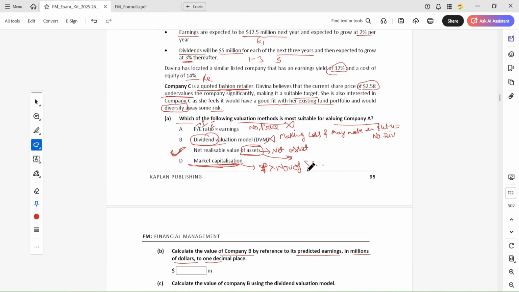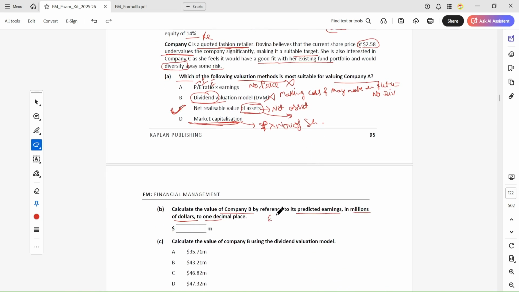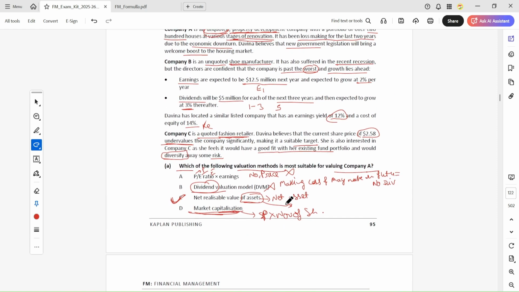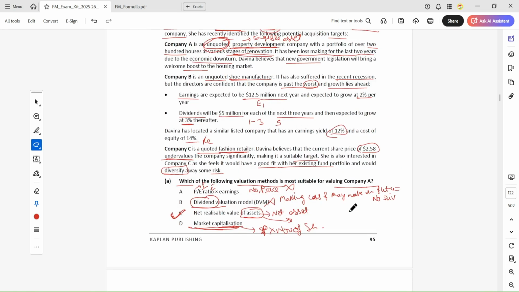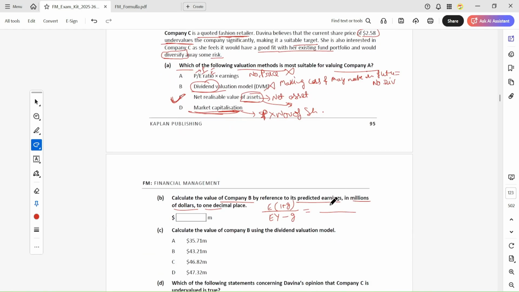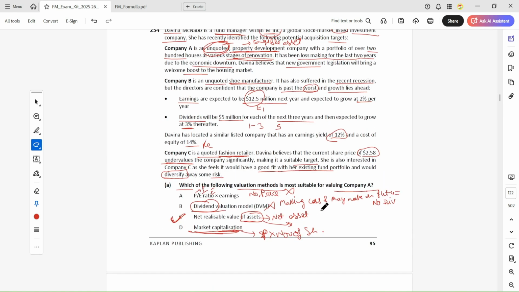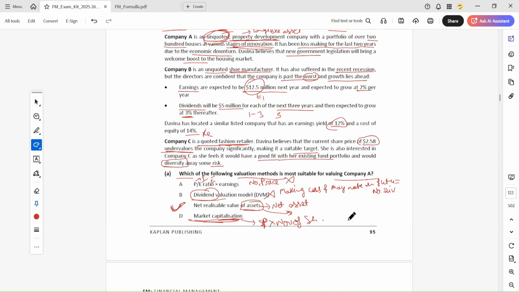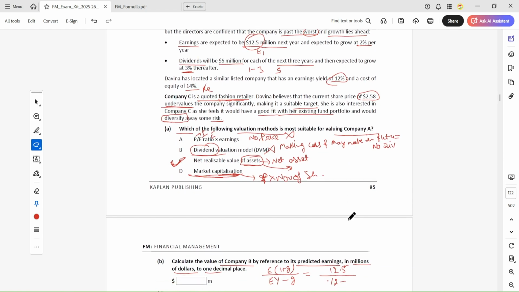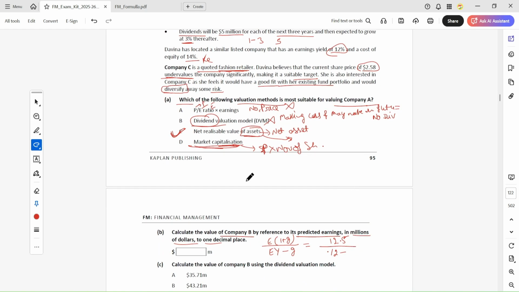We have the formula for earning, which is E1 times 1 plus G if growth is given, divided by earning yield minus G. So E1 is 12.5, and earning yield is 0.12 minus 0.02. So the answer is 125 million.